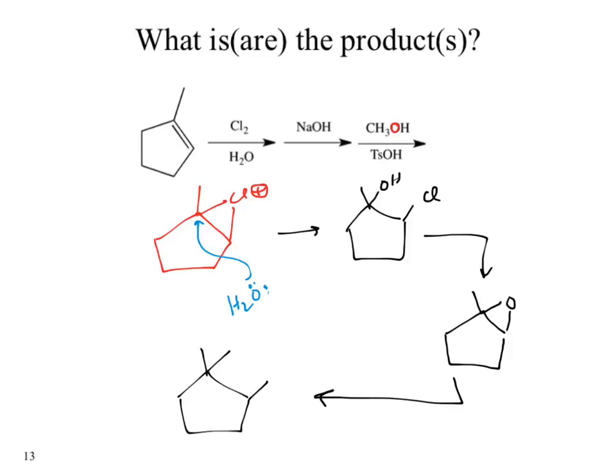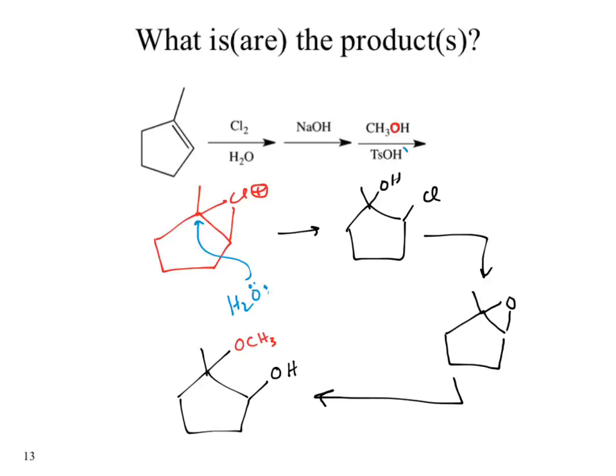Sorry, I gotta think, make sure I got that right. Yes. Why? If it's basic conditions, our nucleophile should have attacked the least substituted position. So it's not basic conditions.